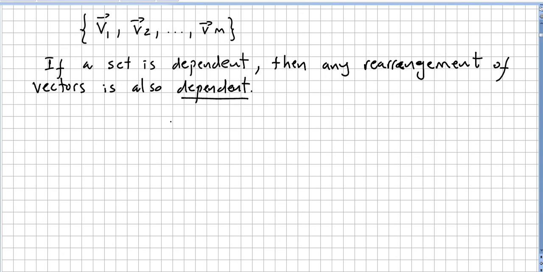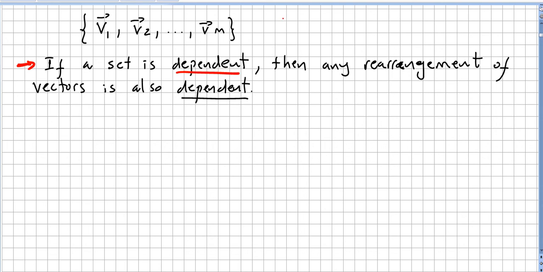Okay, so we keep seeing some properties of sets of linear dependent and independent vectors. If a set is dependent, then any rearrangement of vectors is also dependent. So if we have a set of vectors like this one, v1, v2, v3, vm, and this set is dependent, if we rearrange the vectors, it will still be a dependent set of vectors.